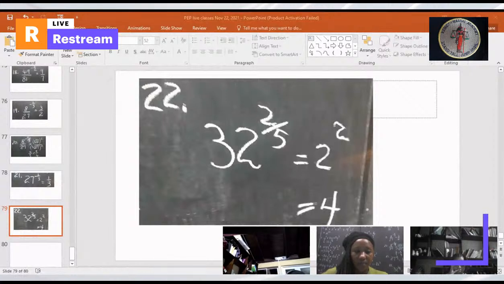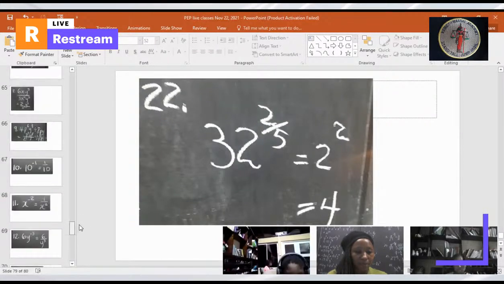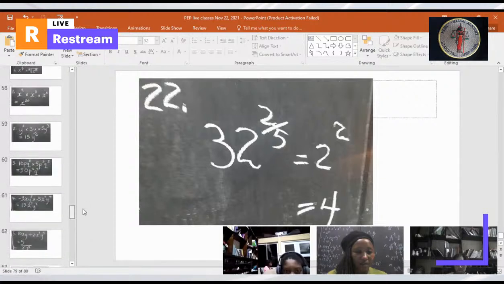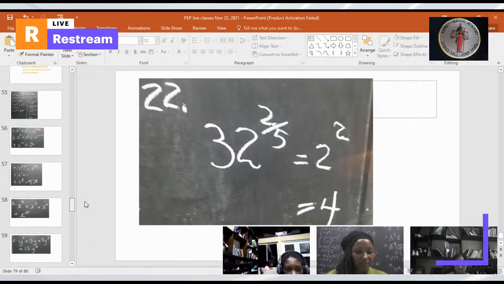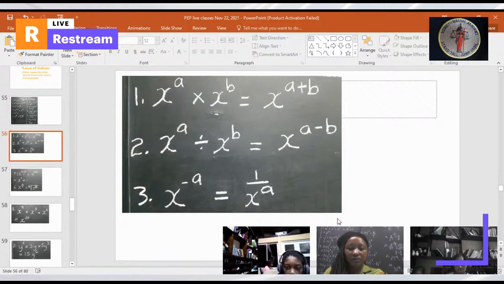So let's recap the 6 basic rules that we looked at. These are the laws of indices. The first rule: when you're multiplying and the bases are the same, you add the powers, you add the indices.